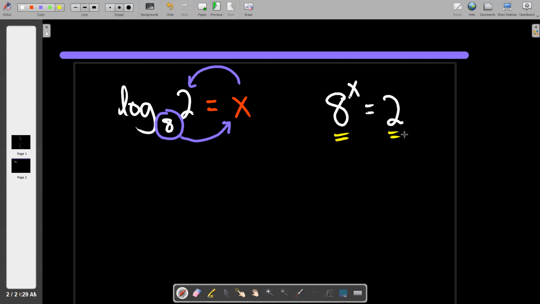Sue said 2 to the third. Bless your heart. 8 is 2 to the third. Now, I'm going to do something here, and when you see something done the first time, you kind of go, why? And then I hope it clicks. This is why. I'm going to take this number in the green box, and I'm very strategically going to write it as what Christian said. I'm going to rewrite it as 2 to the third.